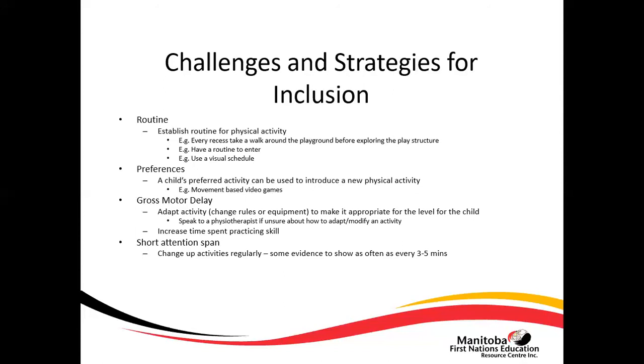And if you're unsure about what level the child is at and what's appropriate for them to do, it's best to speak to the physiotherapist, who is trained in adapting and modifying activities, and can give you a little bit more suggestions on the specific activity.